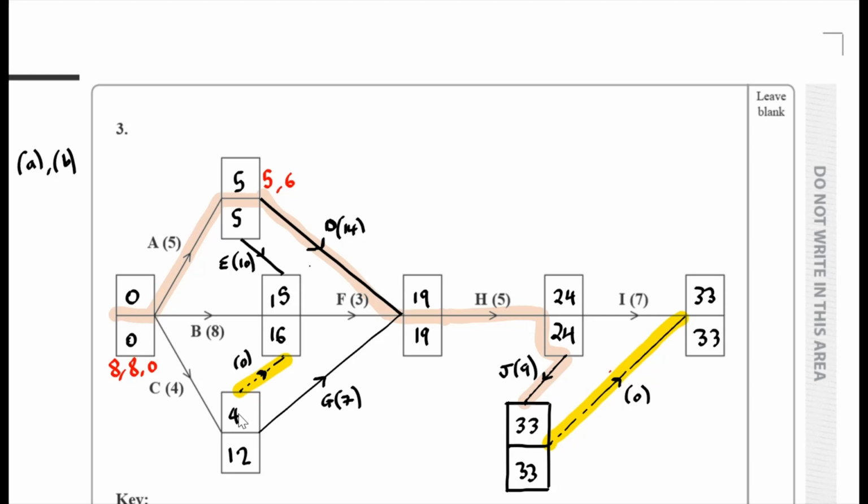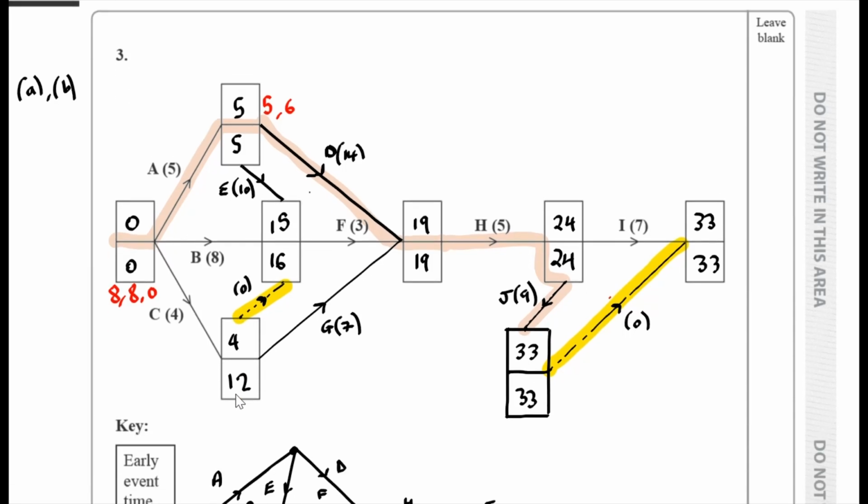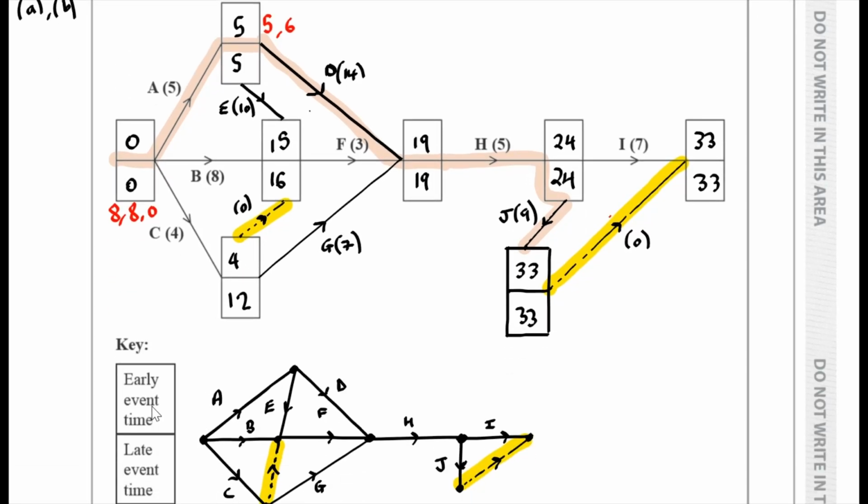And in terms of C, you'll notice over here, in terms of the early event time, we can start 4 days later then, okay, because we need to get this done by 16, or alternatively we can start at 12.